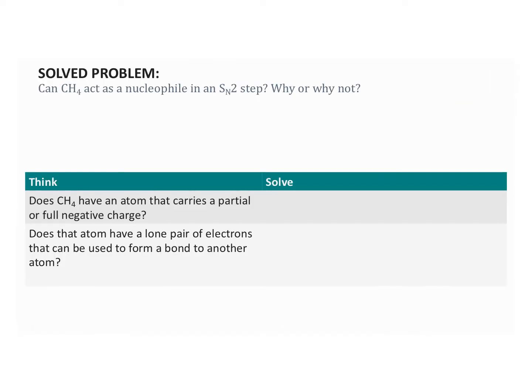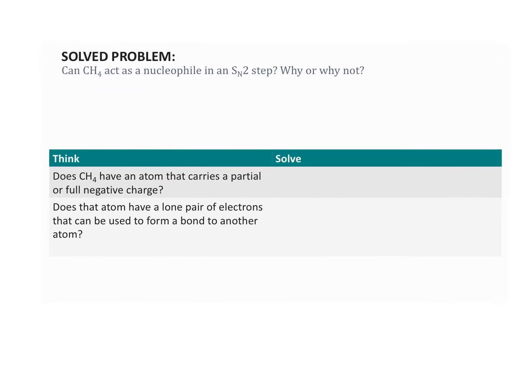So let's do an example. Can CH4 act as a nucleophile in an SN2 step, and why or why not? Well, here's some questions we need to ask ourselves. Does CH4 have an atom that carries a partial or full negative charge? The first step is to draw the Lewis structure for CH4. Right, and so here's methane, that's CH4.